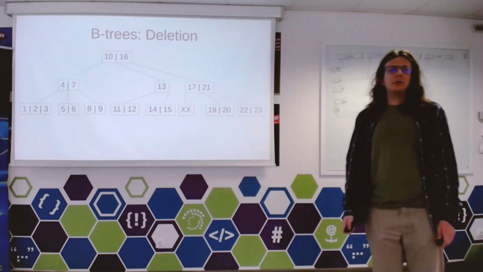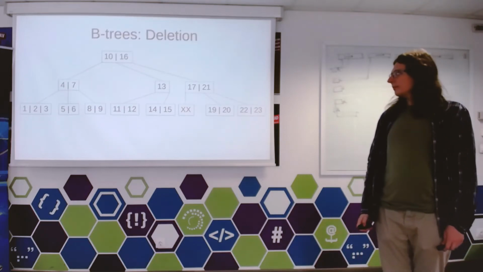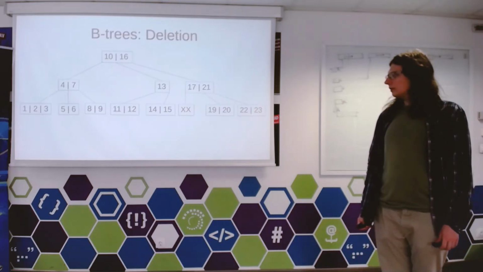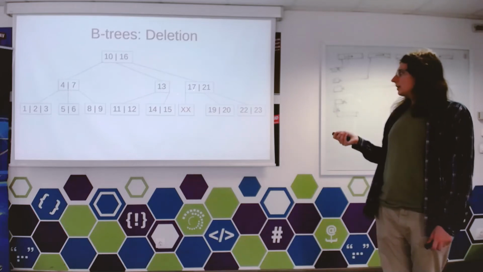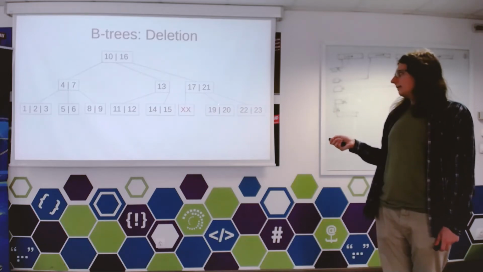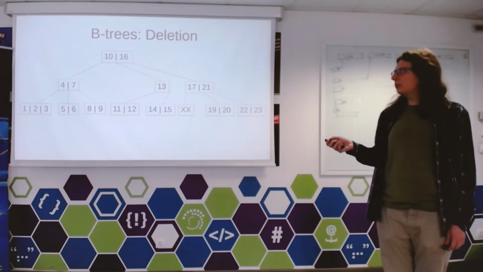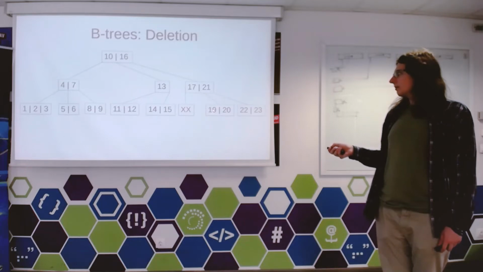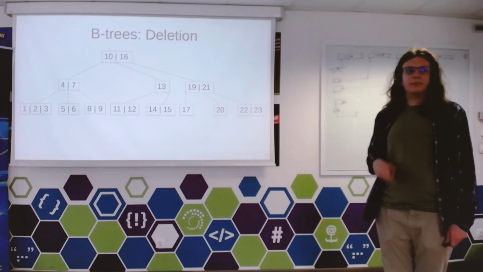There are two possibilities: rotations and merging. A rotation means that we pick a sibling, in this case this one, and the separator, and we try to somehow figure out what to do. That is, we move something into the separator and move the separator down. So we end up with this.